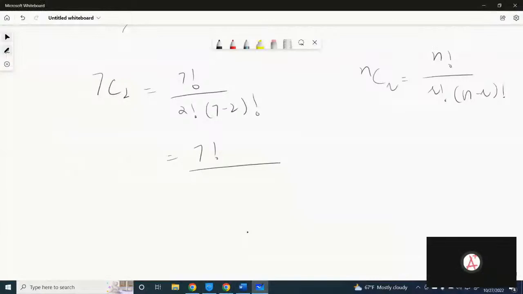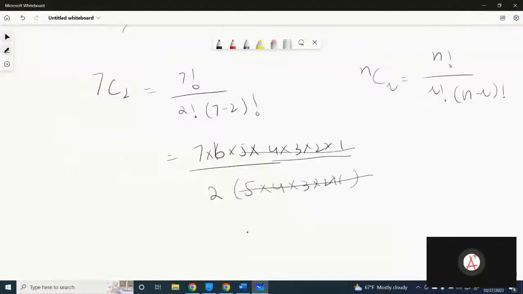You can write 7 factorial as 7 times 6 times 5 times 4 times 3 times 2 times 1, and 7 minus 2 is 5 factorial, which you can write as 5 times 4 times 3 times 2 times 1. Either you can use a calculator and divide them, or you can simplify and cancel out each other, and it would be 7 times 6 is 42, and 42 divided by 2 is 21.